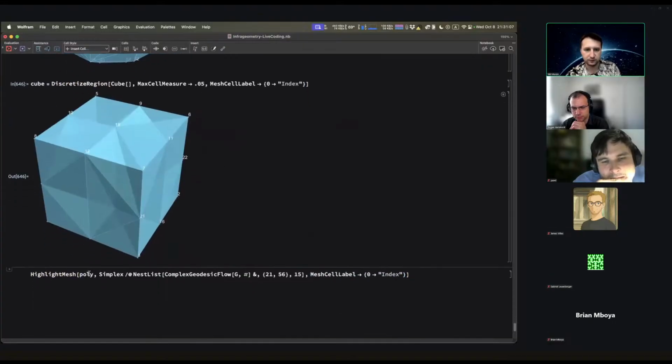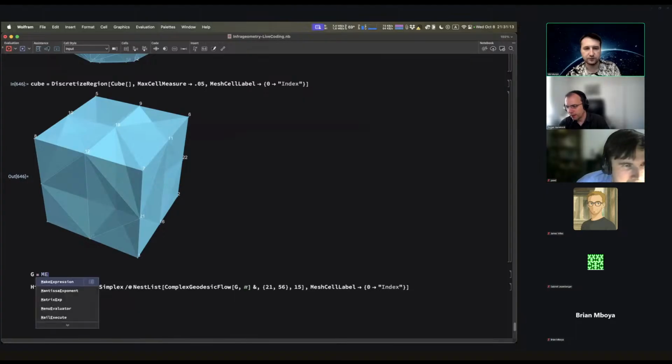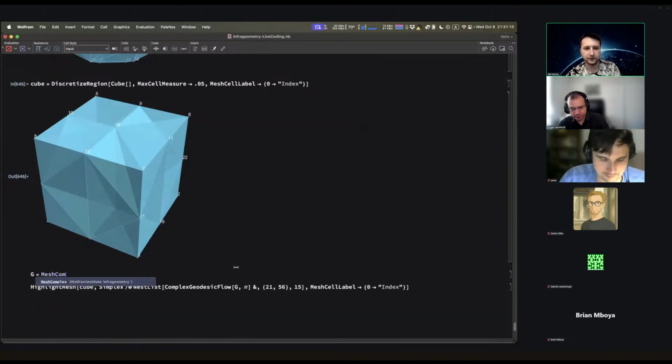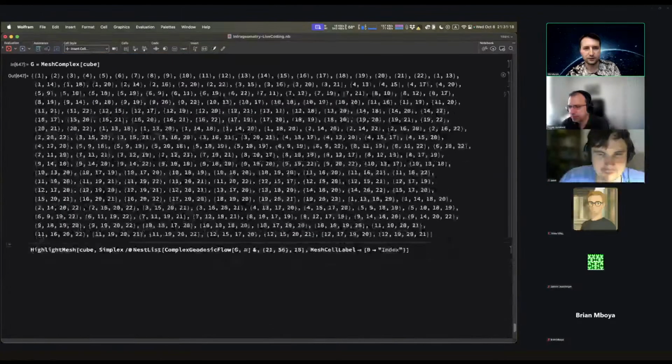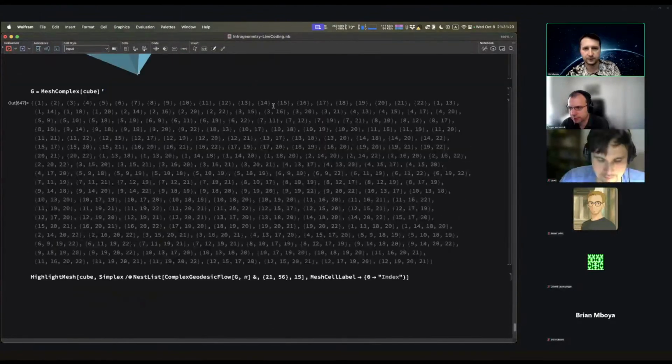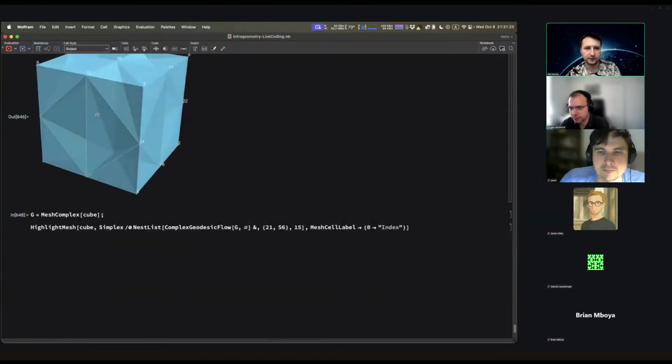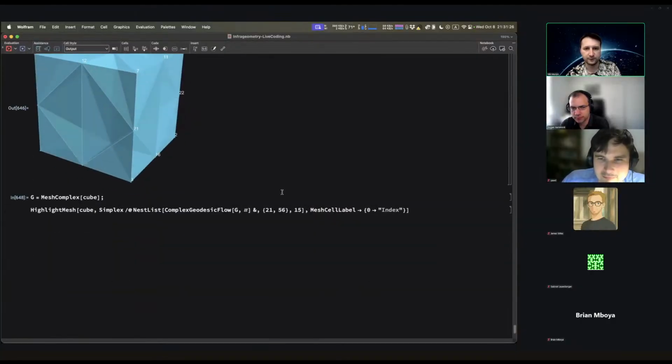Do highlighting. G is now a simplicial complex. It's a lot of simplices in there, but let's start with some corner, 7, 12, 7. 3 steps.